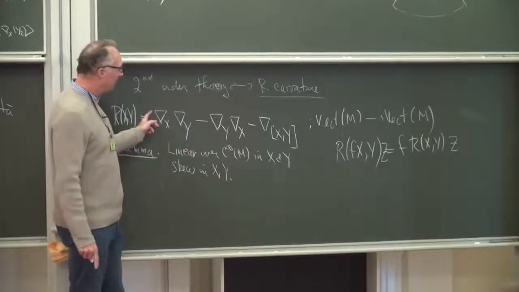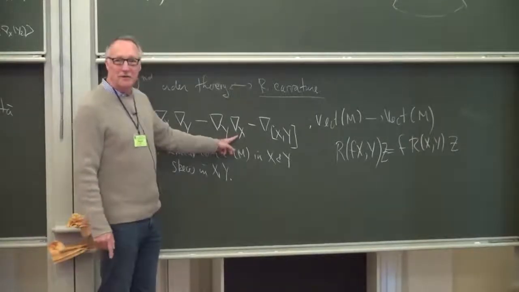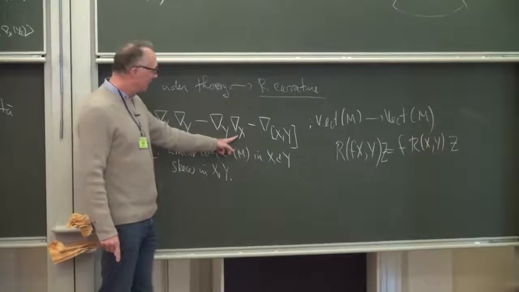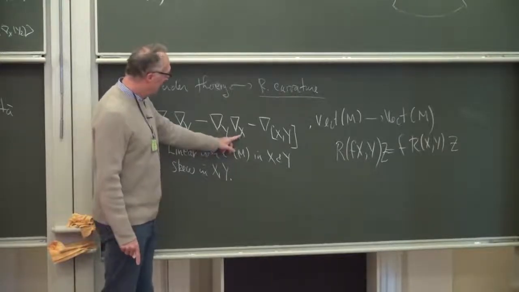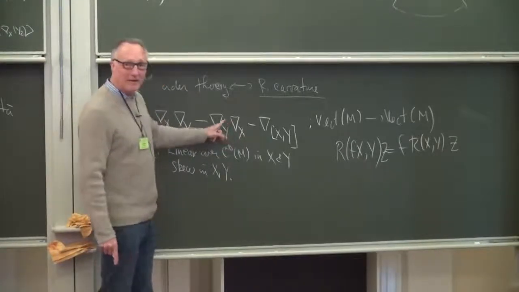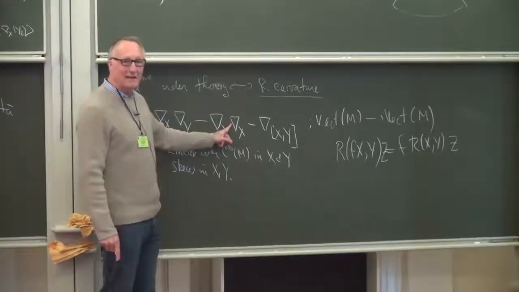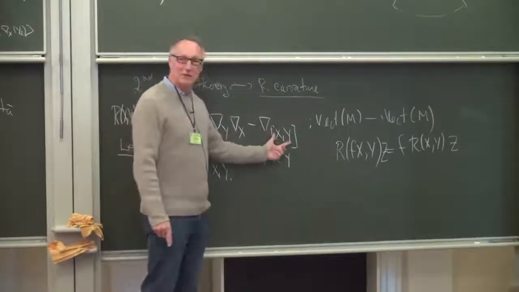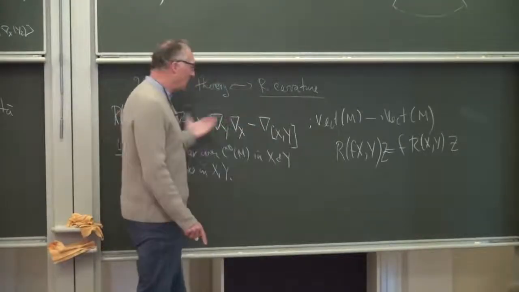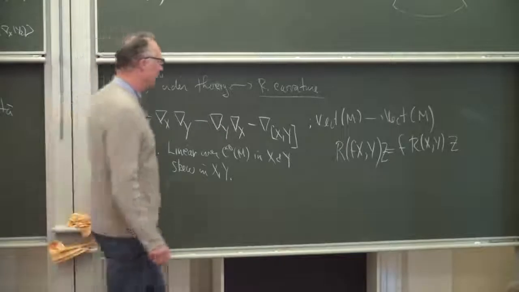Here, however, you get another term when you expand this out because you get the linearity over the function here, but now you have to differentiate with respect to y. So there's an extra term, y applied to f. But that's exactly what appears here.